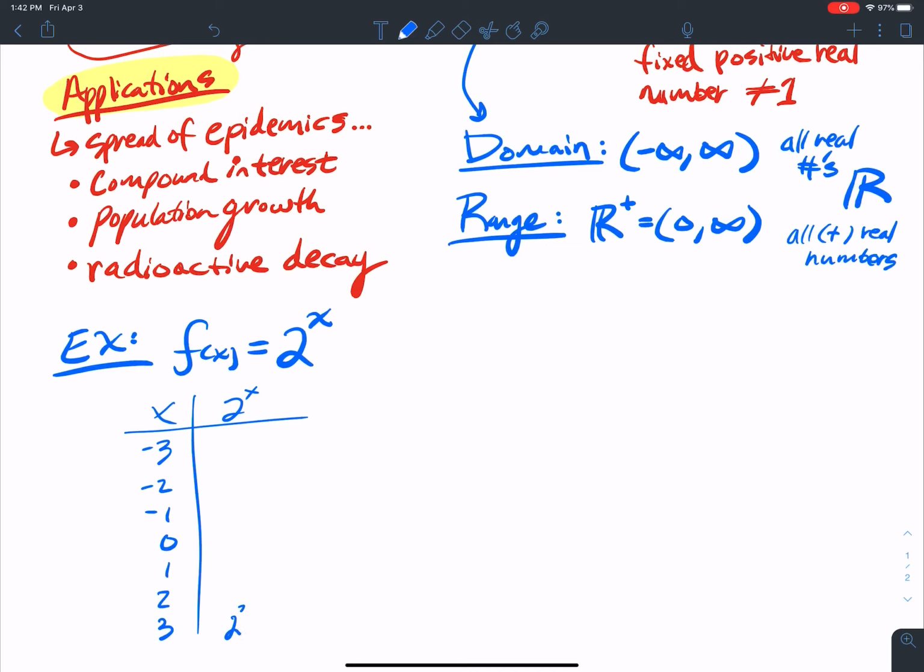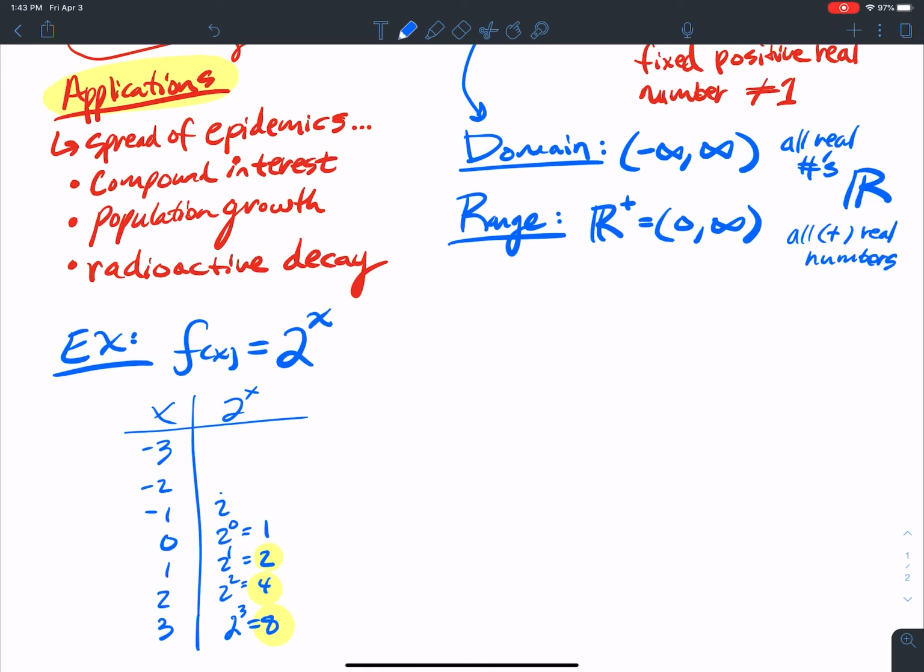What is 2 cubed? That's 8. What is 2 squared? That's 4. What's 2 to the 1? That's 2. What's happening each time? I take 8. To get to 4, I divide by 2. To get to 2, I divide by 2. To plug in here to the 0, I take 2 and divide by 2. 2 divided by 2 gives me 1 here.